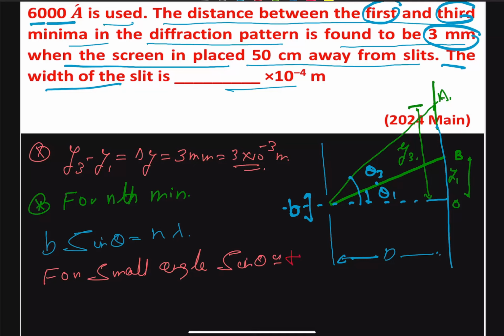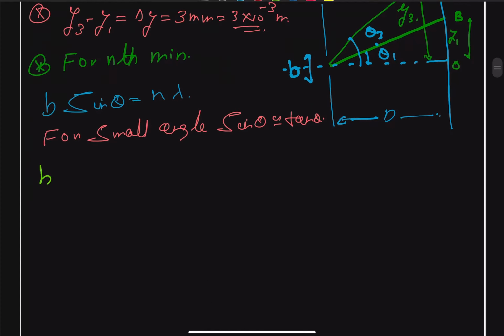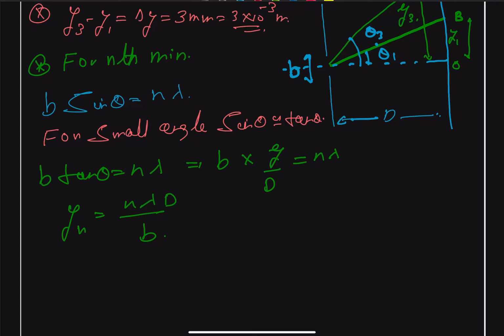Therefore, we can write b tan theta equal to n lambda, and this tangent is equal to y divided by capital D. So b multiplied by y divided by D equals n lambda, and from here y of n will be equal to n lambda D divided by b. And this is the position of the nth minima.